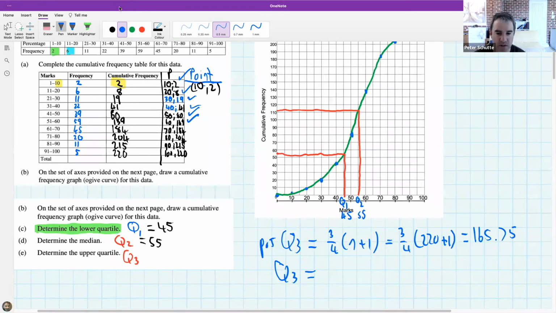So I agree with you. The position is 165.75. What is the actual estimated value of Q3?